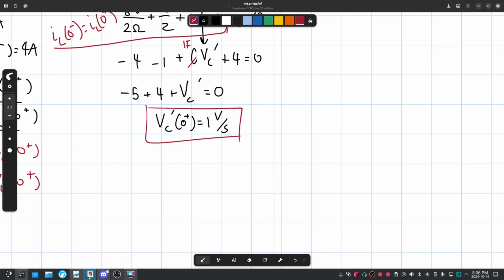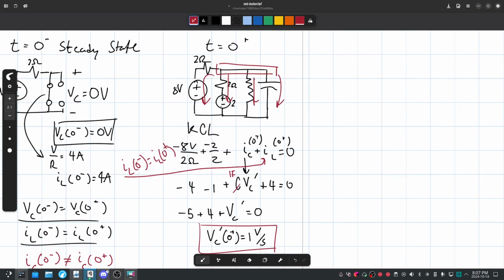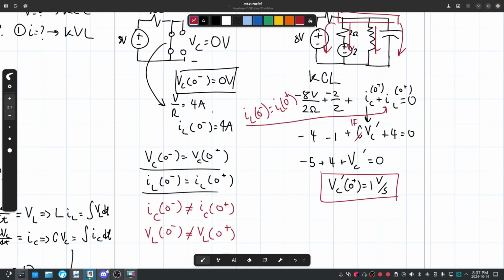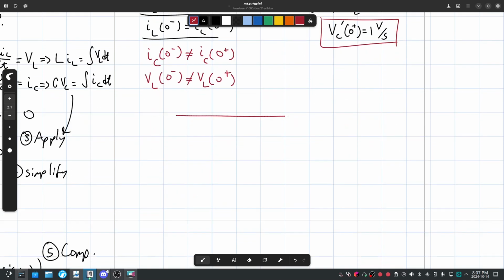Yeah, you can't. Because if you have steady state, then the voltage across the inductor is 0, and the current across the capacitor is 0. We cannot find the derivative of it at steady state. A way to think about it is that at steady state, everything is steady. What's the derivative? 0.